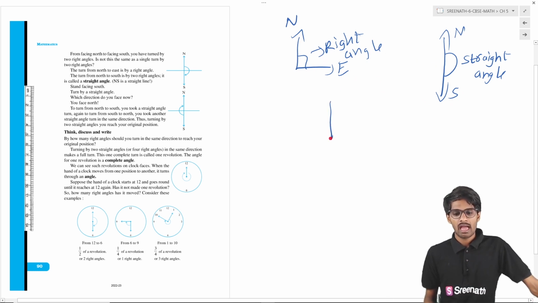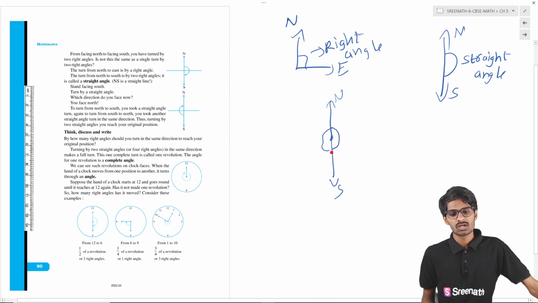Suppose you have moved north to south, one straight angle, and again you have moved another straight angle. So finally you have reached your original position now. So we call it the complete angle. What is a complete angle?